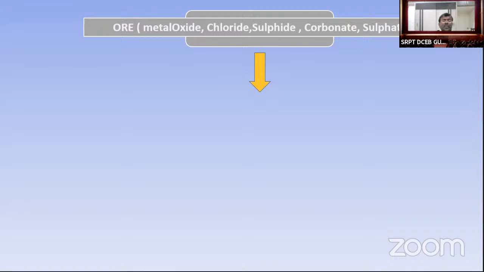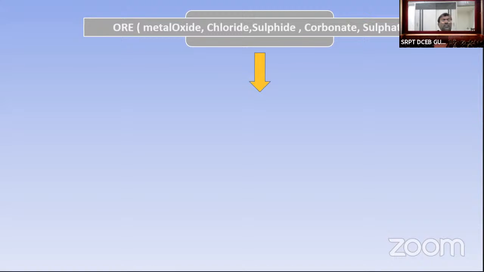Let us recall once again, as it is a very important point. Metals exist in nature in the form of compounds. They are called minerals. From minerals, which one is conveniently and economically feasible to extract? That mineral is called an ore, which we have learned already.